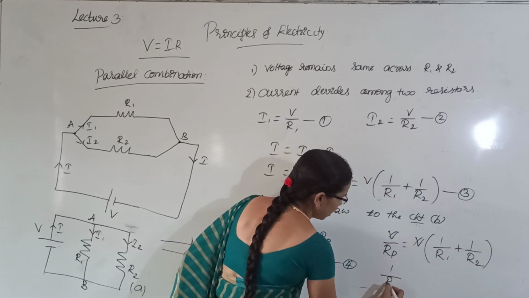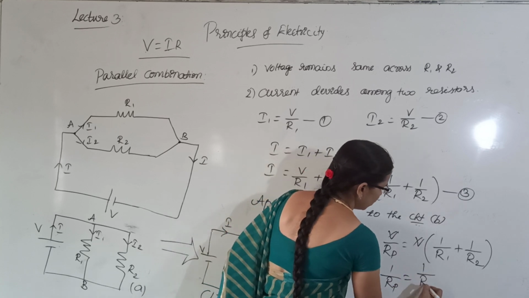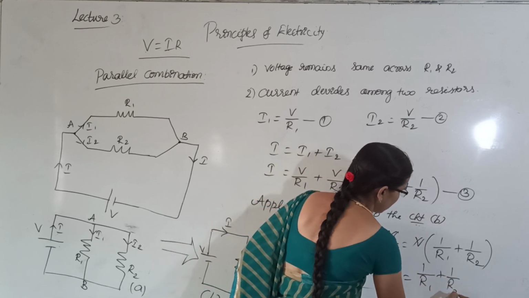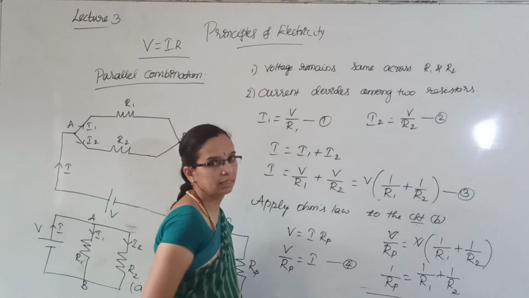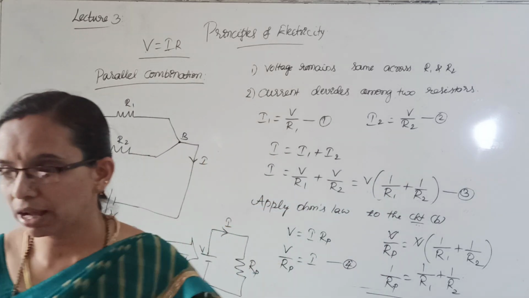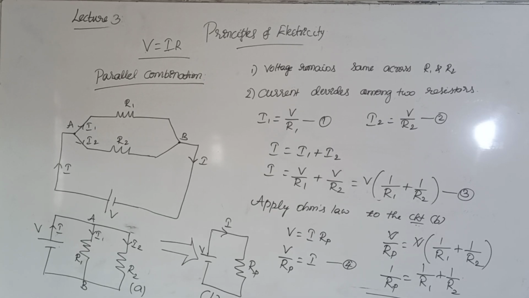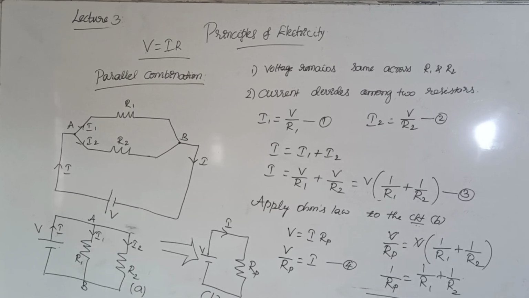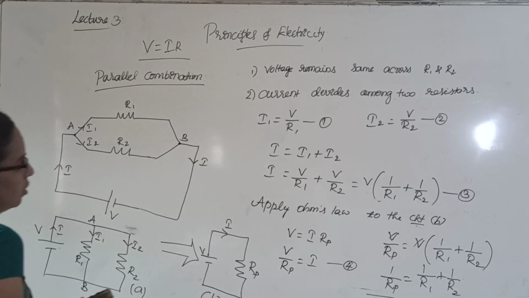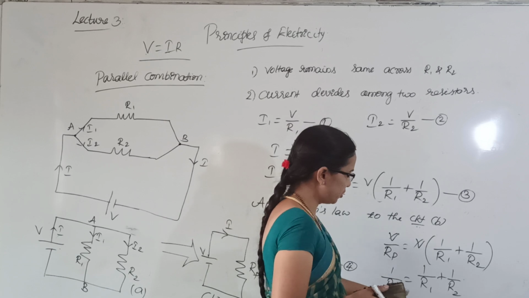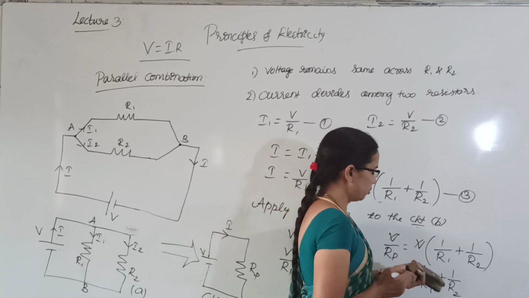Therefore, 1 by RP is equal to 1 by R1 plus 1 by R2. So, the effective value of resistance 1 by RP is equal to 1 by R1 plus 1 by R2.